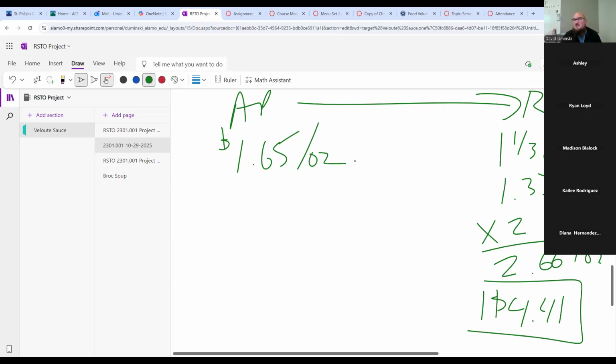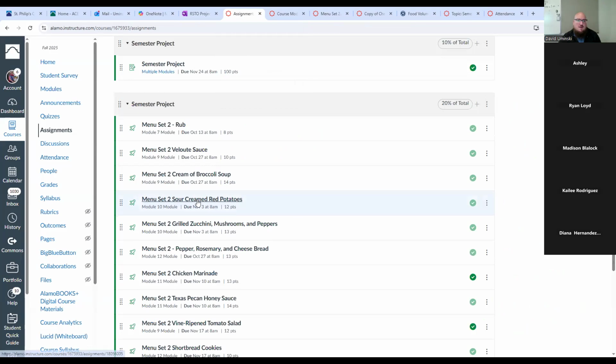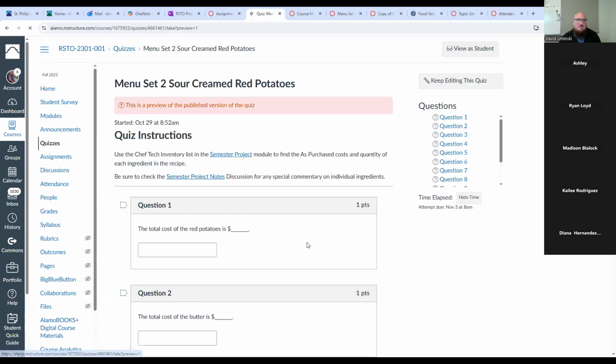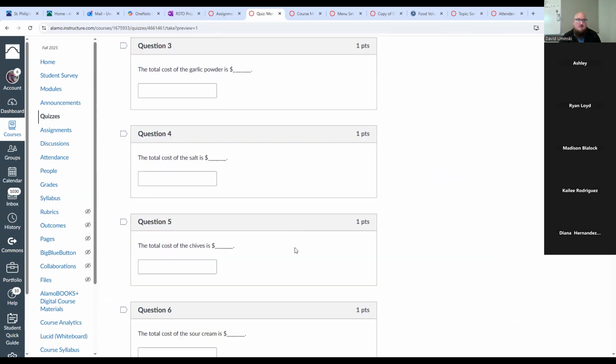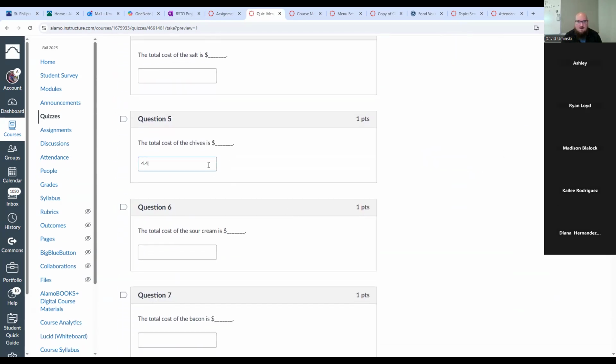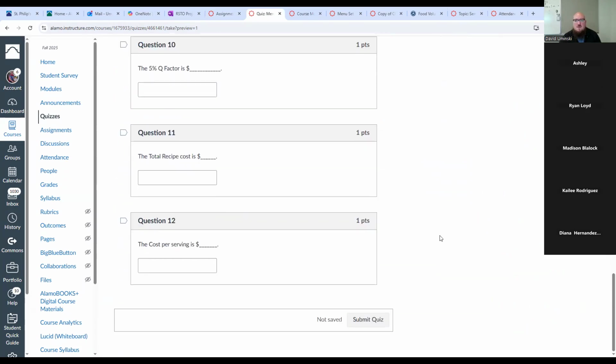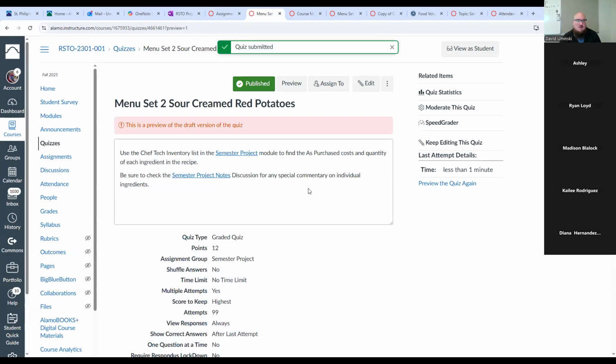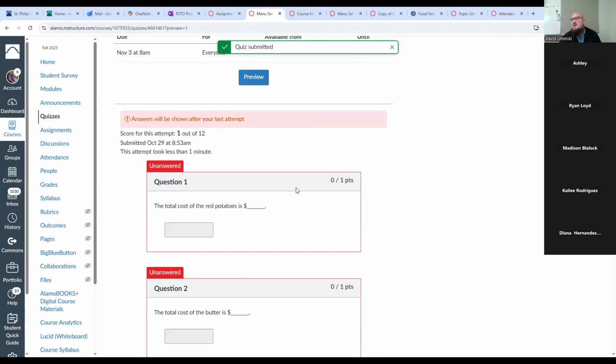So yeah, those extra decimals are going to help. So let's just check that 4.41. Which recipe is this again? The sour cream potatoes? Okay. $4.41. And 4.41 is correct.